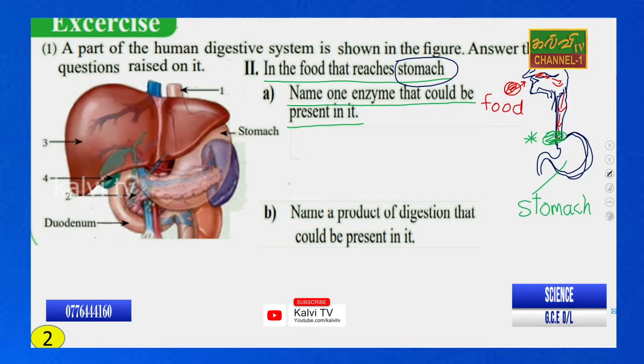When it's in this position, the green color I have mentioned, they are asking the question. So see again, I will read that: in the food that reaches the stomach, name one enzyme that could be present in it.